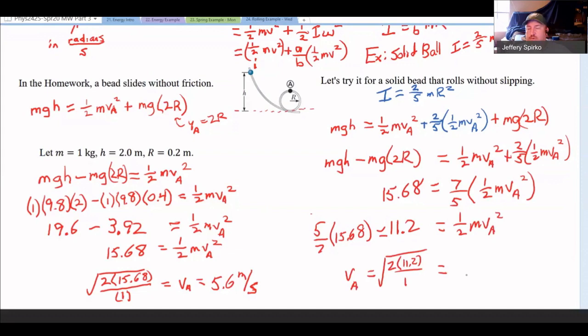And that comes out to 4.73 meters per second.